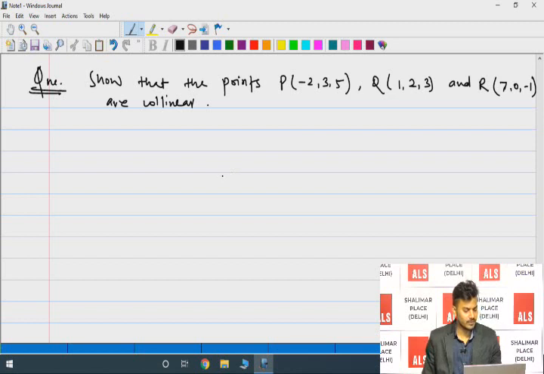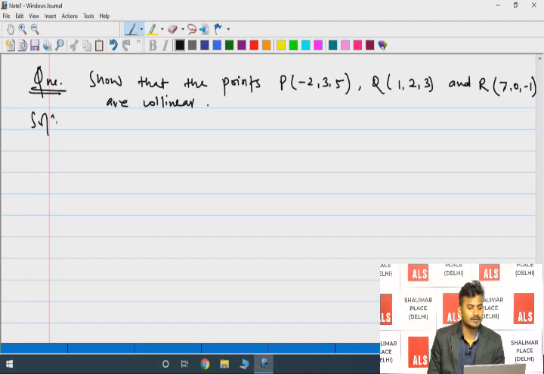How would you prove this? The concept we know so far is the distance formula, and distances of any point from the x-axis, y-axis, xz plane and like that.